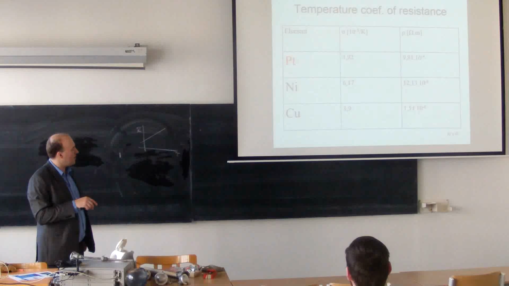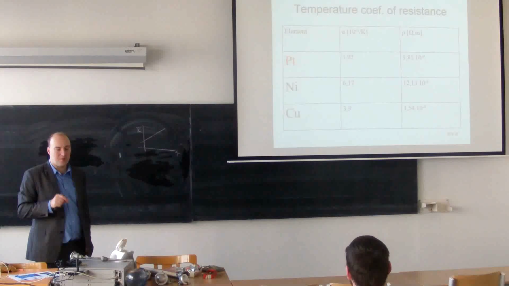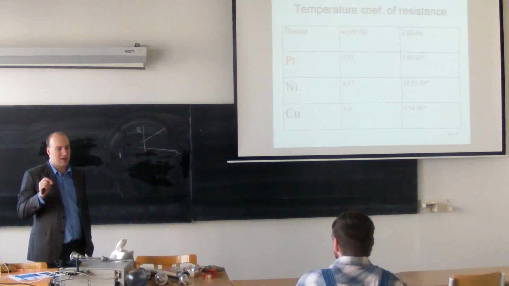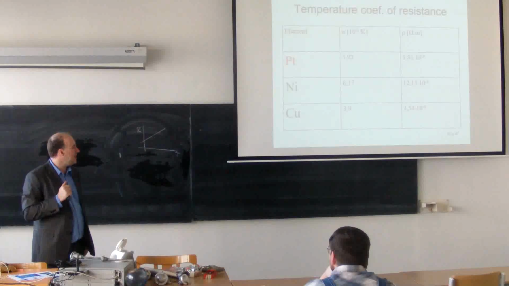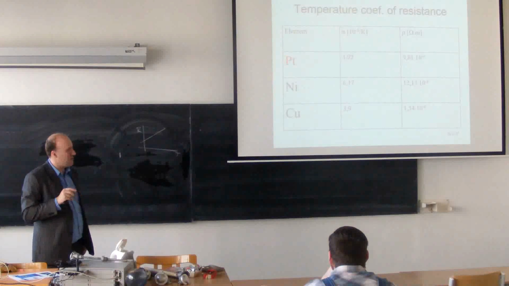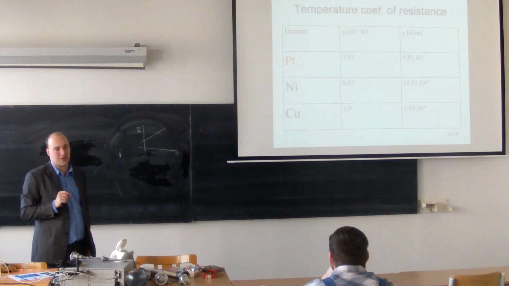For copper, we have 1.1. So it means that if you have a platinum wire and a copper wire with the same cross section and the same length, the copper wire will have approximately 10 times lower electrical resistance.